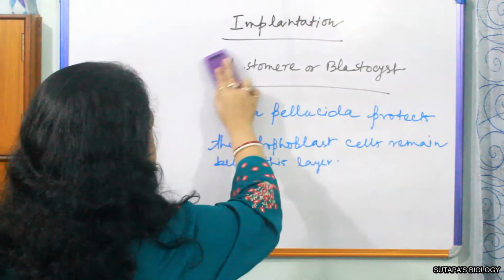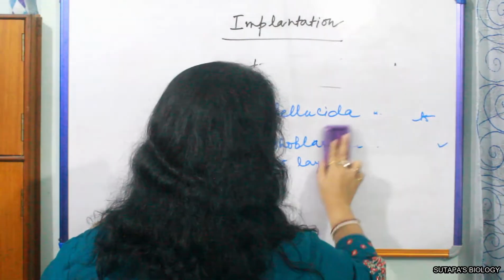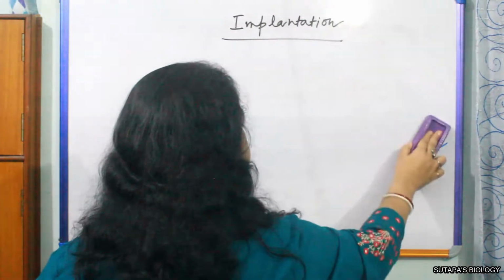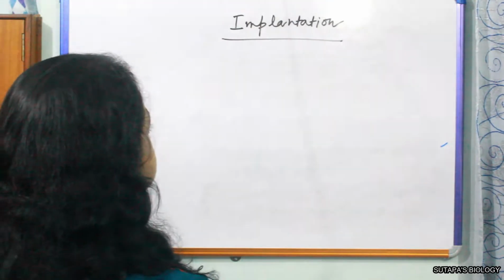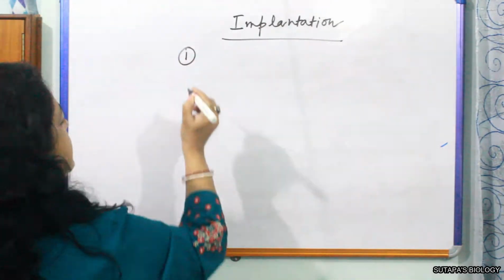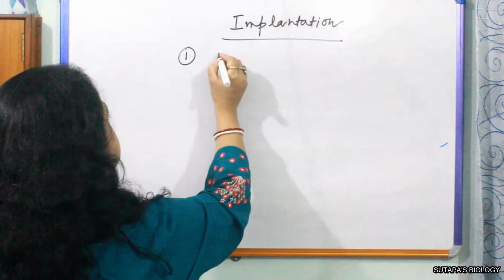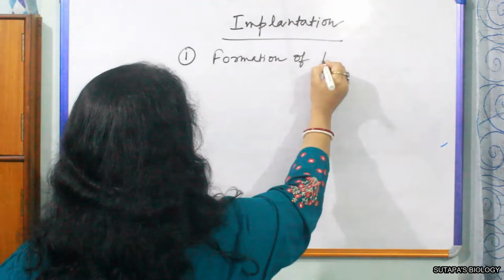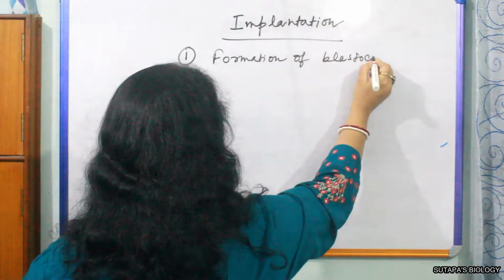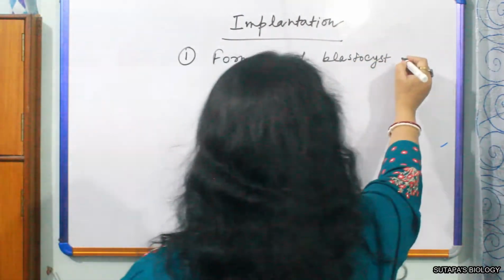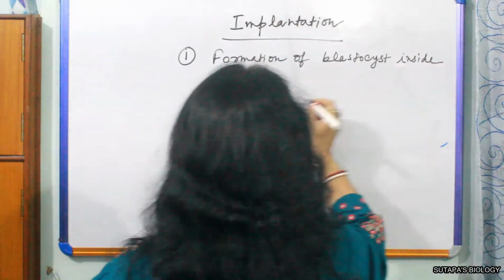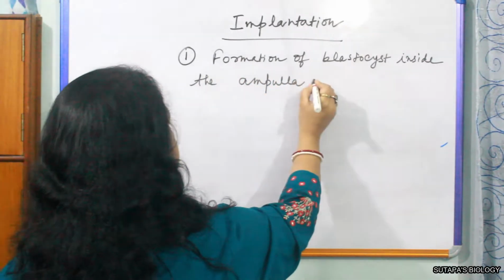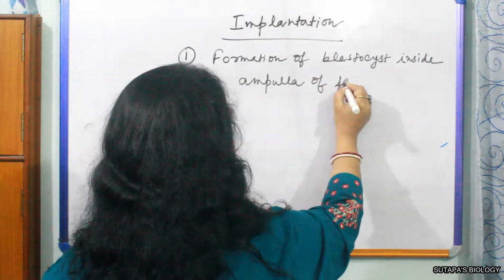Number one, in implantation, the first step is the formation of blastocyst inside the ampulla of fallopian tube.